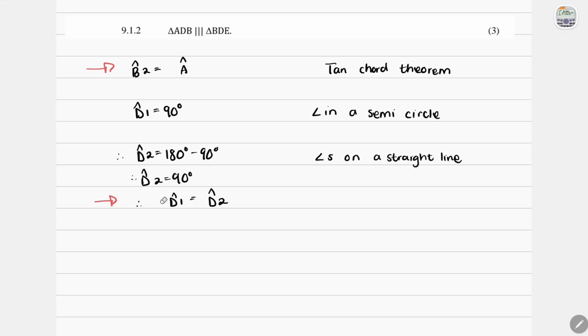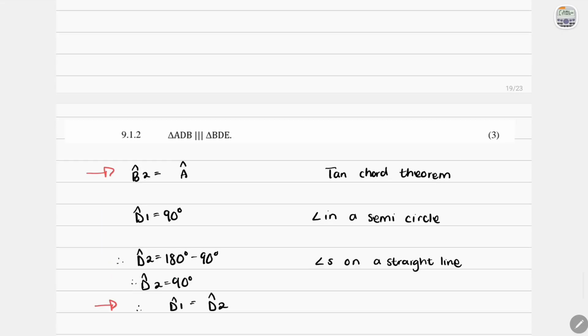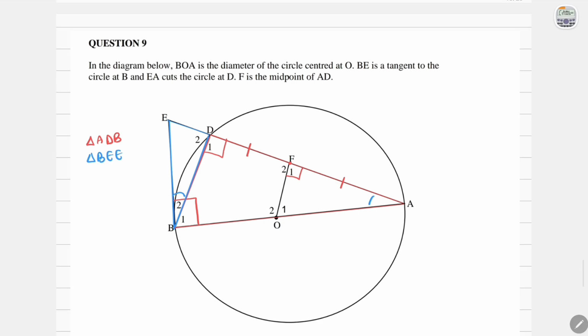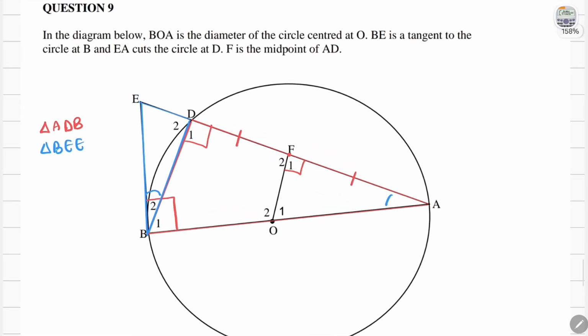So that and then these two. Now by default, it means that the third angles are equal. So we don't even have to look for the third angle. We know now that the third angles are equal. Therefore, angle E is now equal to angle B1, that angle that we didn't use.